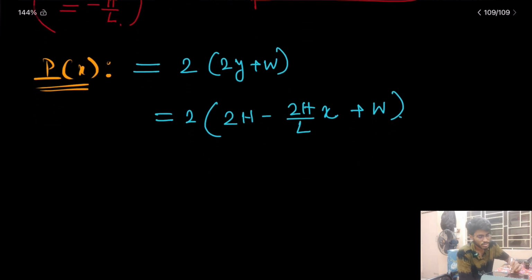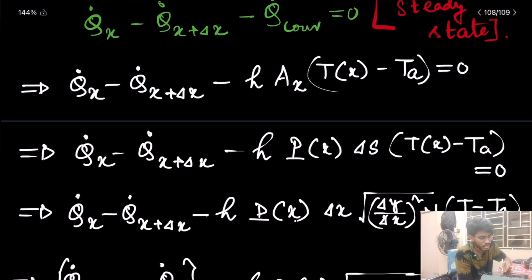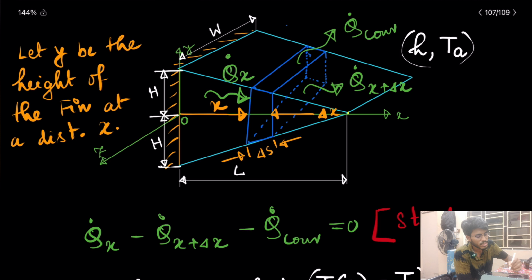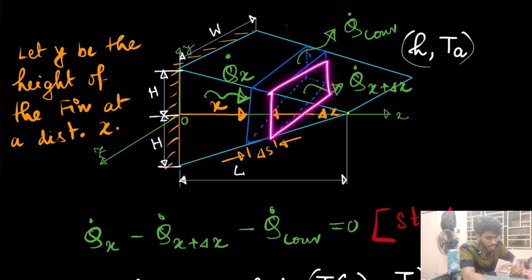Okay, so this is my P of x, and what is my A of x? Again, just be very clear that A of x is what? The area which is perpendicular to the direction of the heat transfer. So that is this area. Clear? That is this area. Okay.